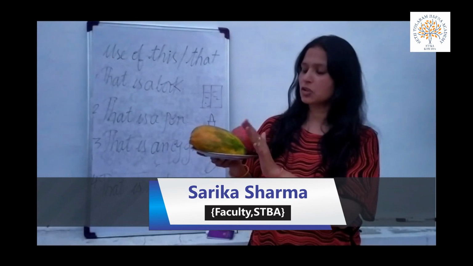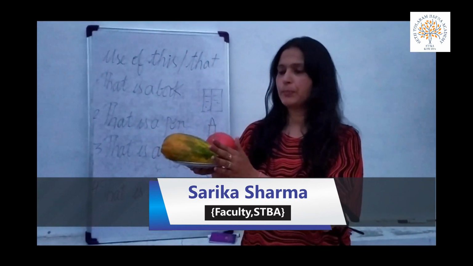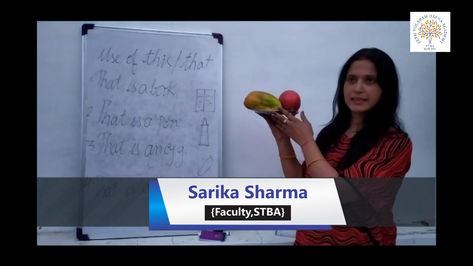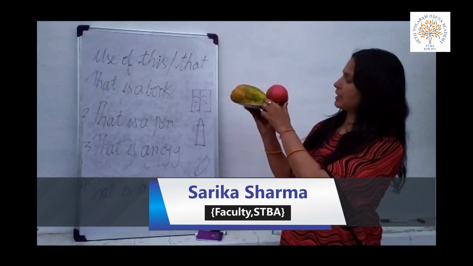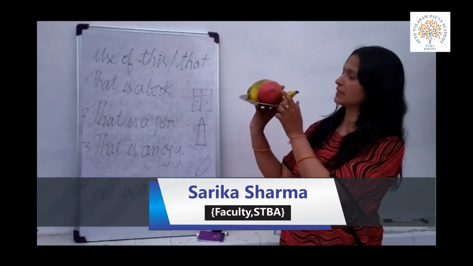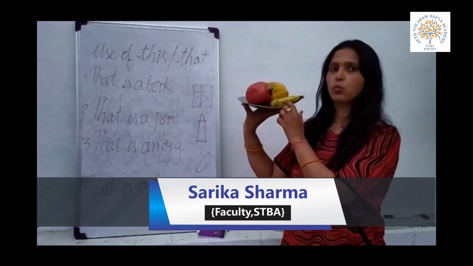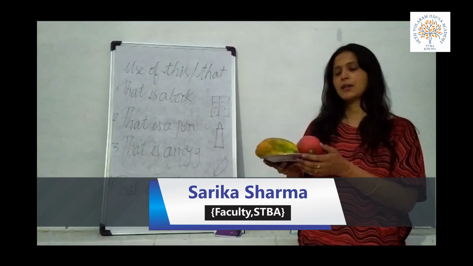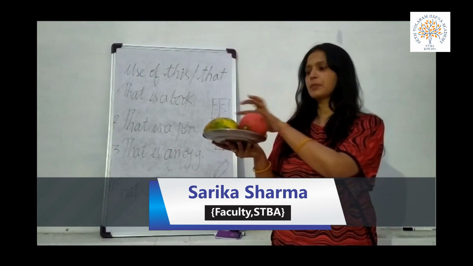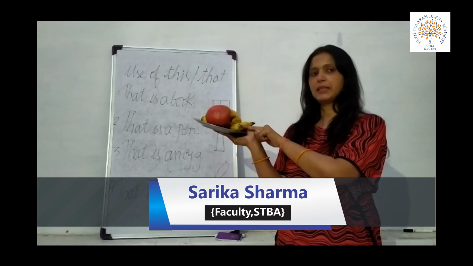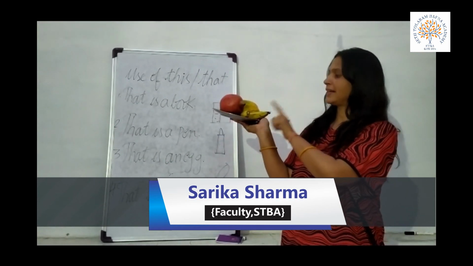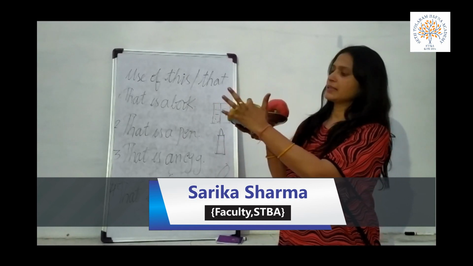And suddenly the shopkeeper takes away the plate and keeps it a little bit far away from the children. Now the children will say, we want that papaya, we want that pomegranate, we want that banana. First the children were saying, I want this pomegranate, I want this papaya, I want this banana. And now they are saying, I want that pomegranate, I want that banana, I want that papaya.